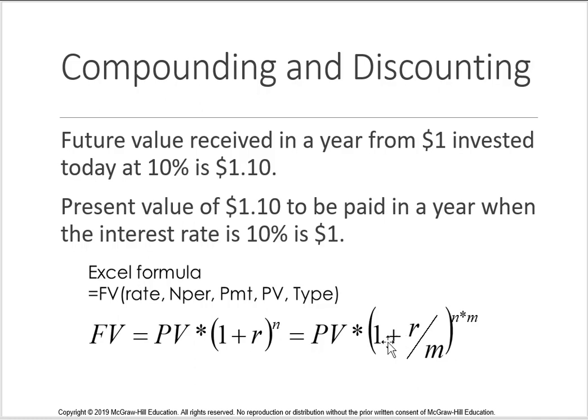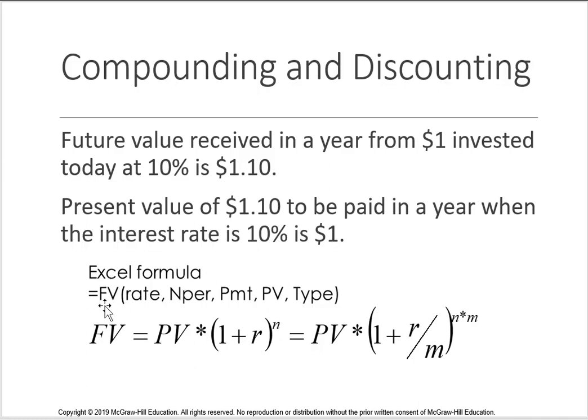Then you take that in parentheses, you take that to the N times M. So this takes into account what we refer to as frequency. How many times per year do you calculate interest? Now, another way to calculate future value is to use Excel.